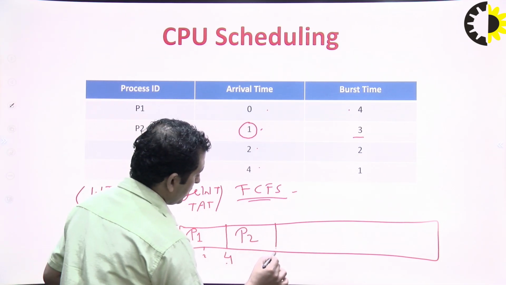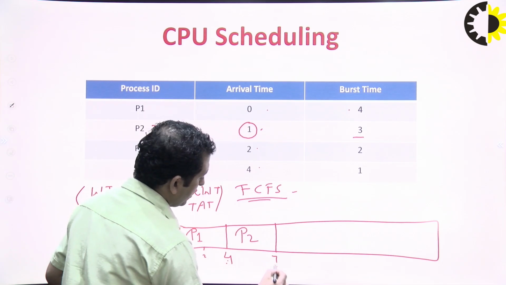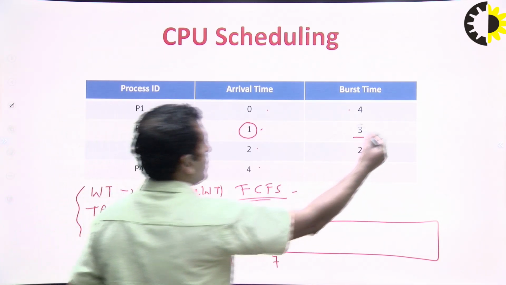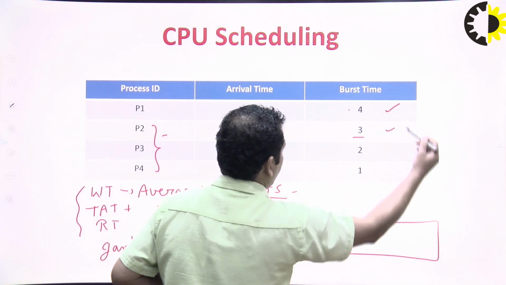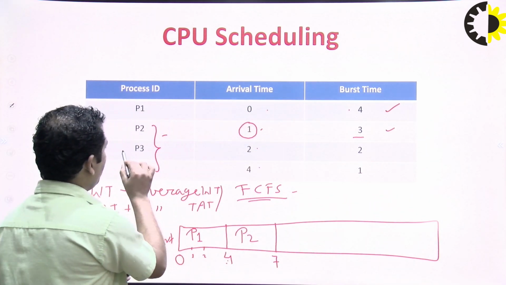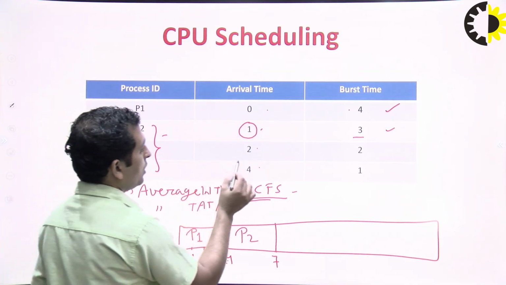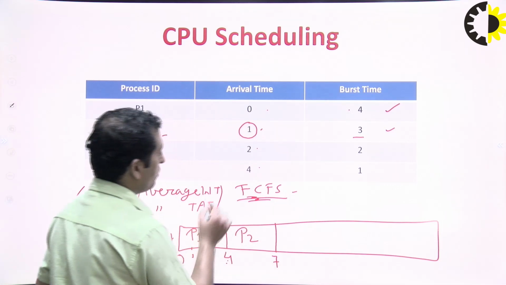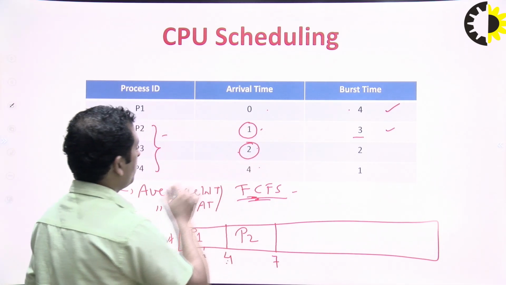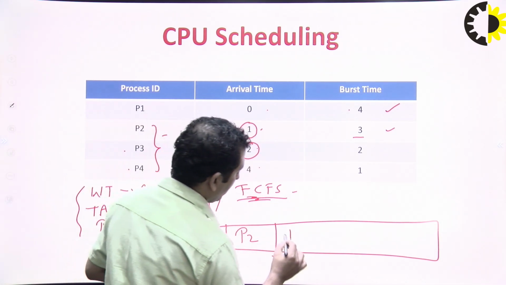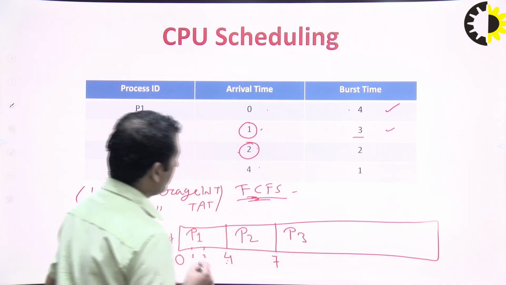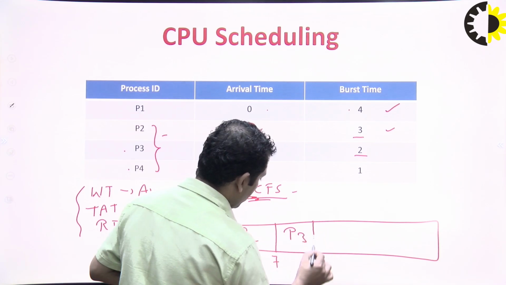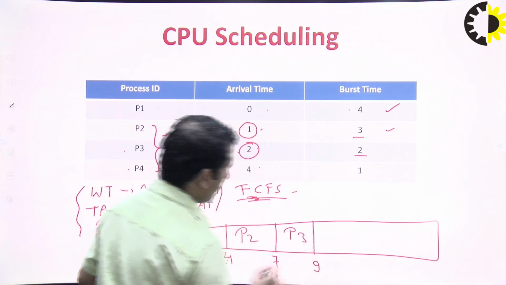The time unit is 3, so 4 plus 3 equals 7, at time 7. Now this is terminated. Now 2 processes are in the RAM, P3 and P4. Choose according to first come first serve, so choose the process P3, for 2 time units, up to 9.